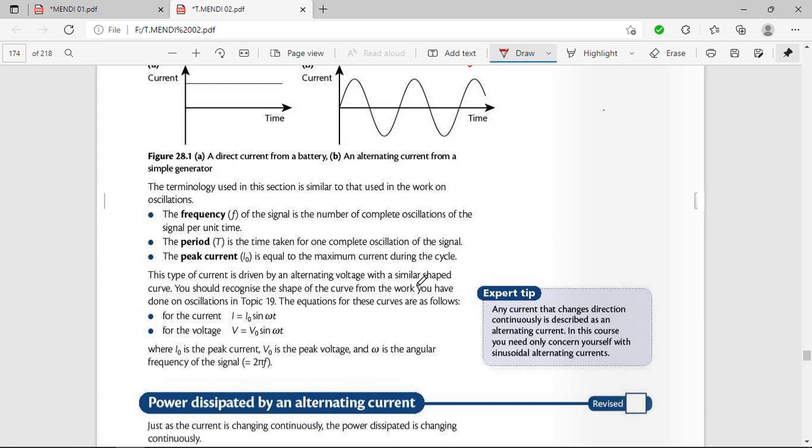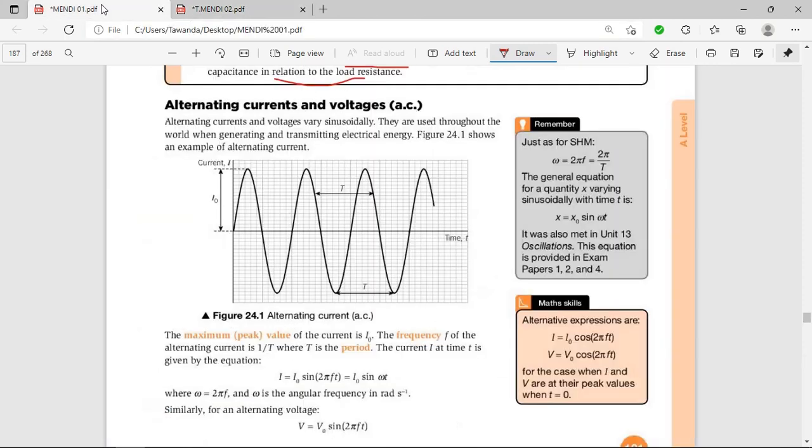So you need to take note of these formulas. It is the terminology used, and you can also relate to oscillations, the one that we have done in oscillations. So this one is our graph, and the one we are referring to, I naught, is the maximum or peak value of current.